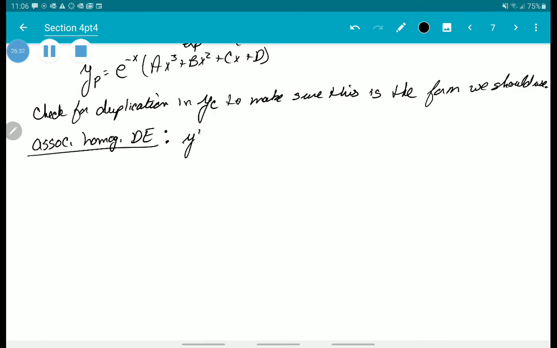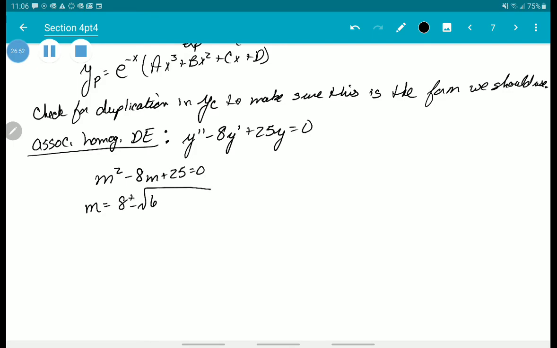we have y double prime minus 8y prime plus 25y is equal to 0. The auxiliary equation would be m squared minus 8m plus 25 is equal to 0. This guy does not factor, so we're going to use the quadratic formula. So it's negative b plus or minus the square root of b squared minus 4 times a times c, all over 2a.